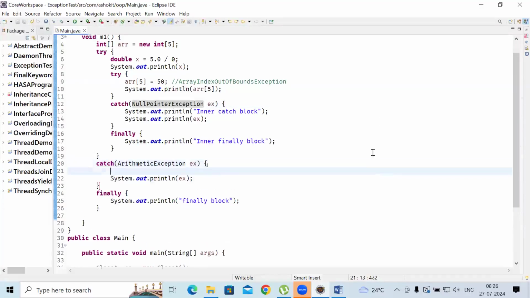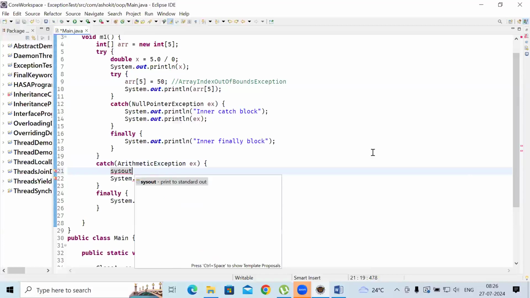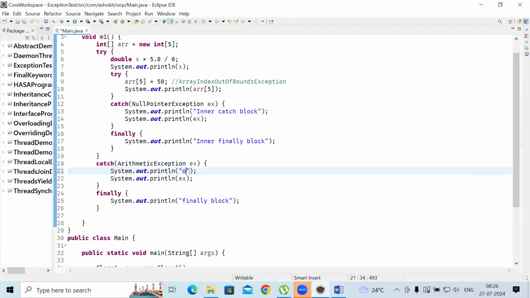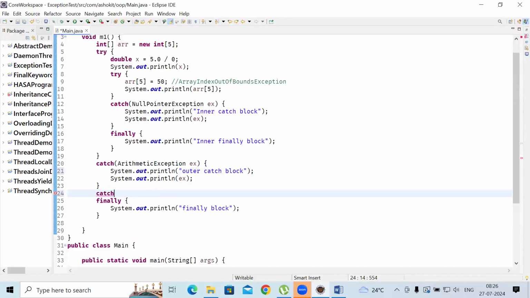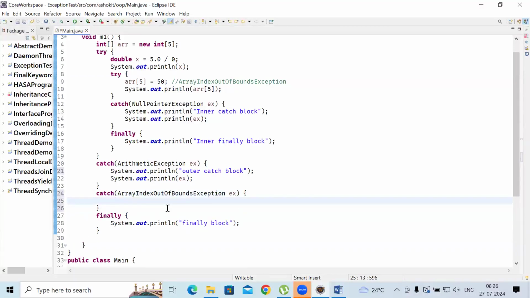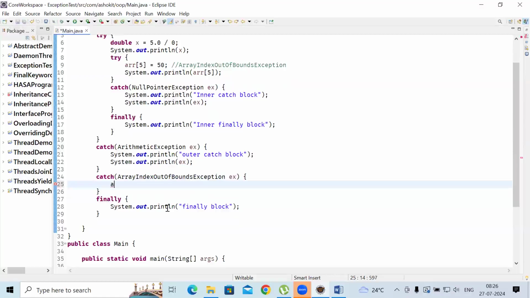Observe here. I'm writing system.out.println. This is the outer catch block. Guys, here I am writing one more catch block, ArrayIndexOutOfBoundsException ex. System.out.println, outer catch block.